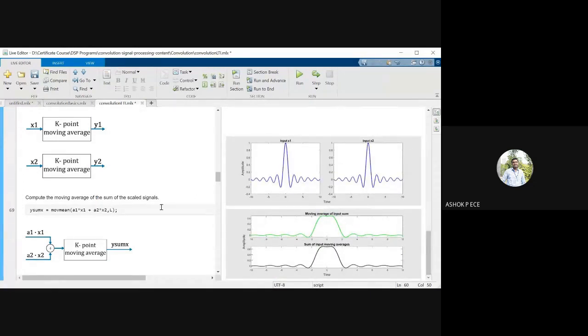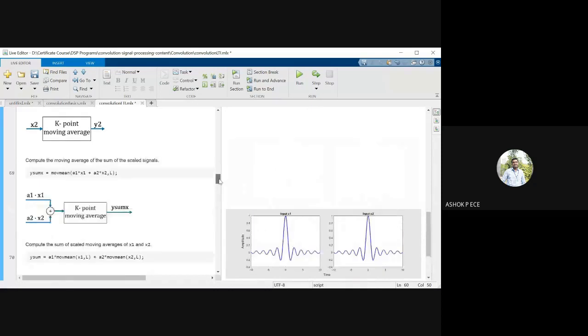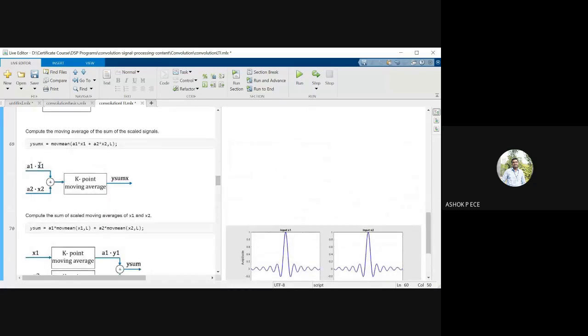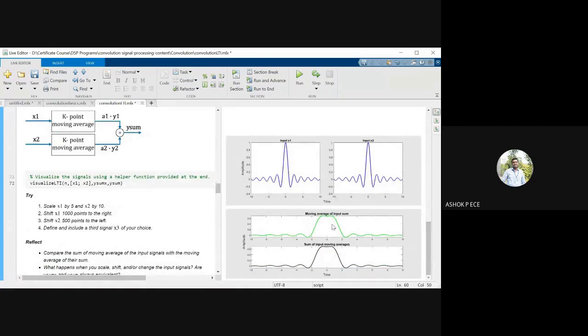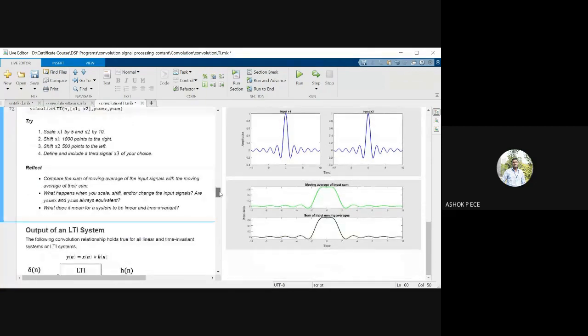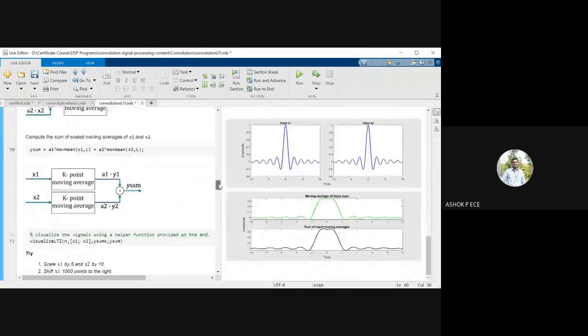Last one, what I am doing, I am performing a1 into x1 first, and a2 into x2 first. I am then giving it to my system and seeing my output. So I am adding totally here, and now I am adding it individually. When you do that, you get the same signal, which means the system is a linear time invariant system.